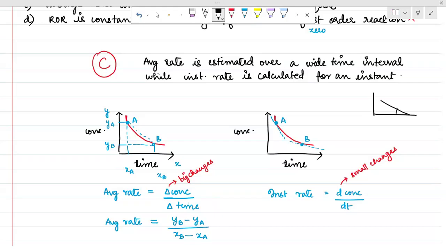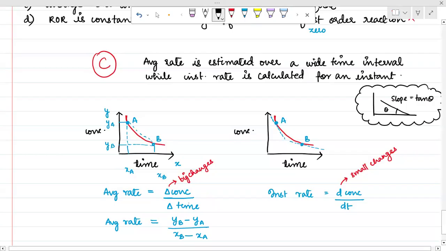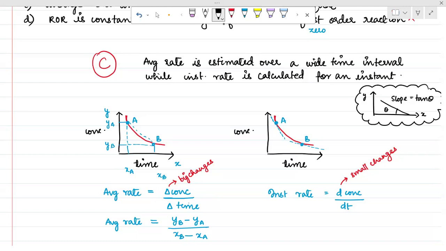It makes an angle theta and the slope is tan theta. Very important because questions have been asked relating to this as well. These are our early trigonometry concepts. So this is y, this is x, and if this is the angle theta, slope is equal to tan theta.